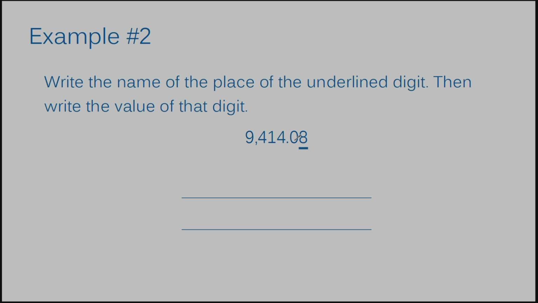You start with tens. So before, in example number 1, we were 2 spaces to the left, but this time we're 2 spaces to the right. Just because we're 2 spaces over doesn't mean it's going to be the exact mirror opposite. It's not going to be the tenths. We're actually in the hundredths place. But if that becomes too confusing for you, just remember the chart from the original slide, and you'll remember that the second digit to the right of your decimal is the hundredths place.